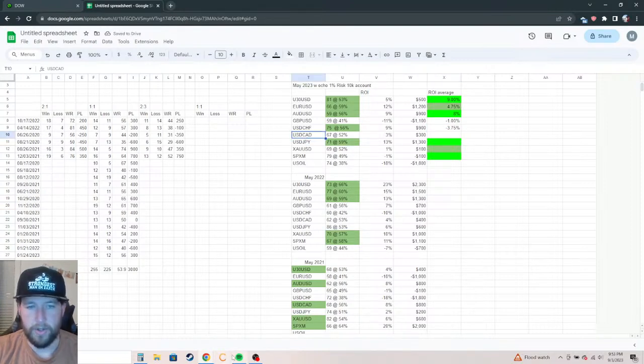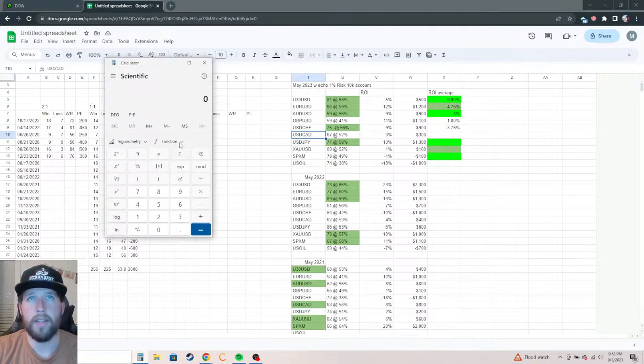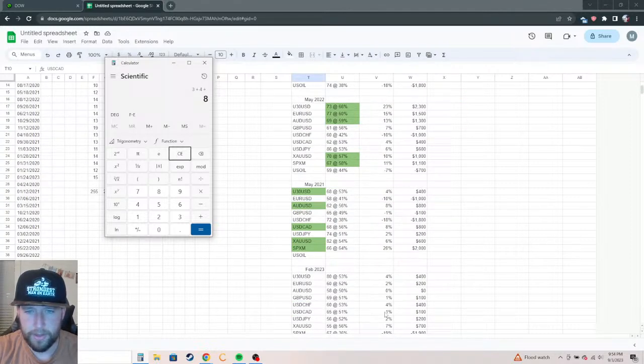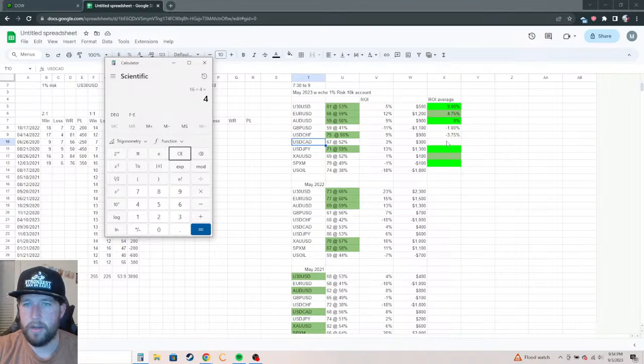All right, now let's do the US Canadian dollar pair for the last 4 months. What our average return was on that pair. So 3 plus 4 plus 8 plus 1 equals, divide by 4, is a 4% return.